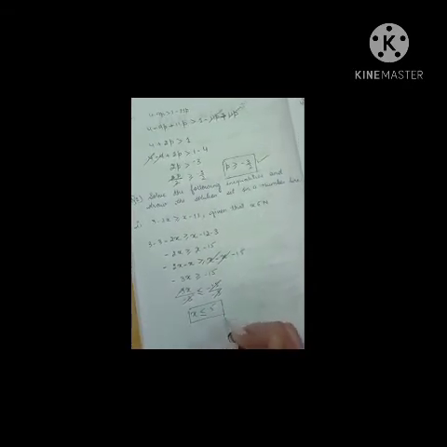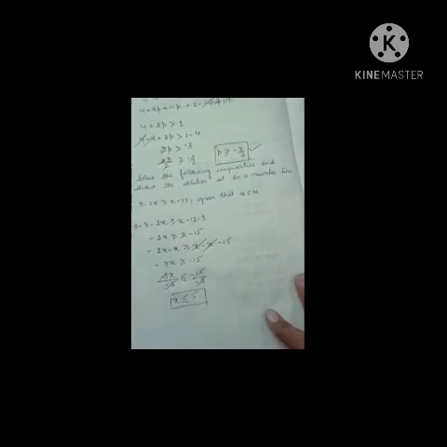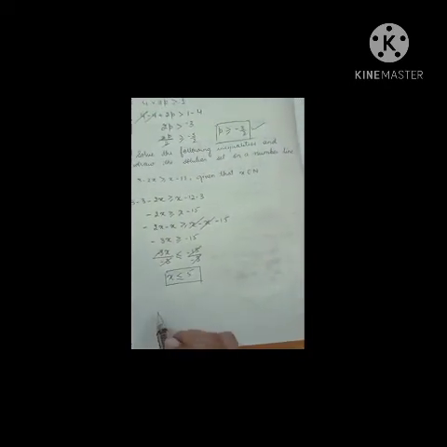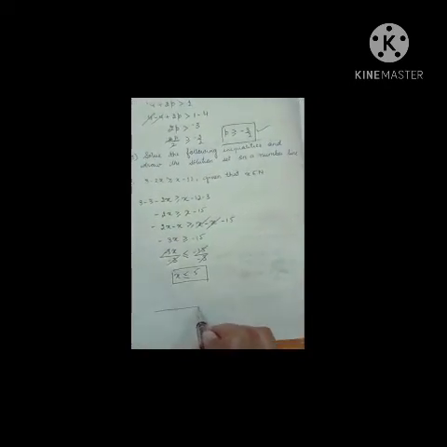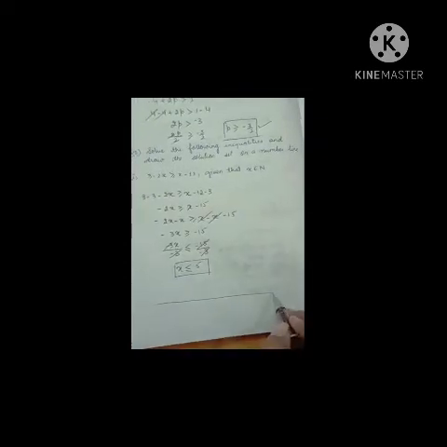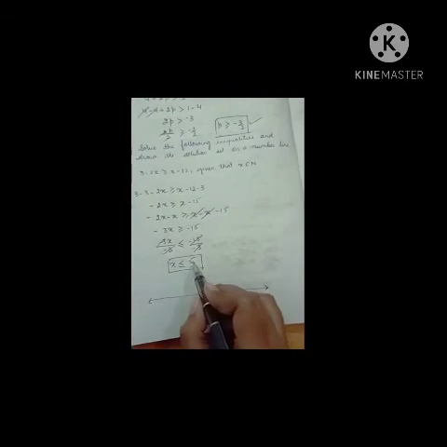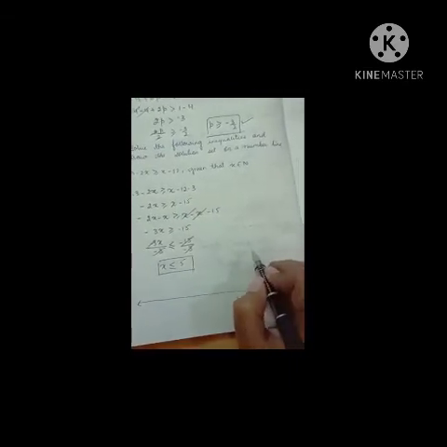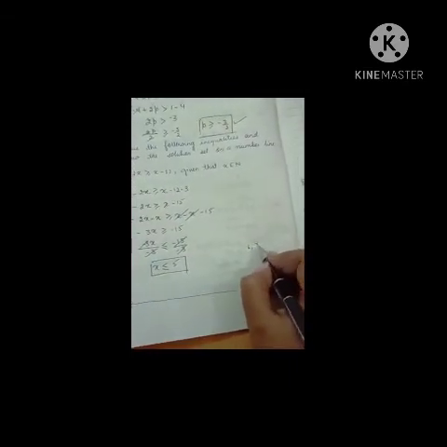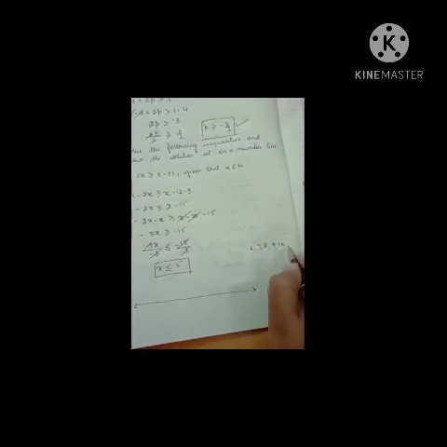Now we represent this on a number line. Students, you have to use a scale; here I am not using it. x is greater than or equal to 5. It means the value of x is greater than 5, meaning 6, 7, 8, 9, 10 and so on.